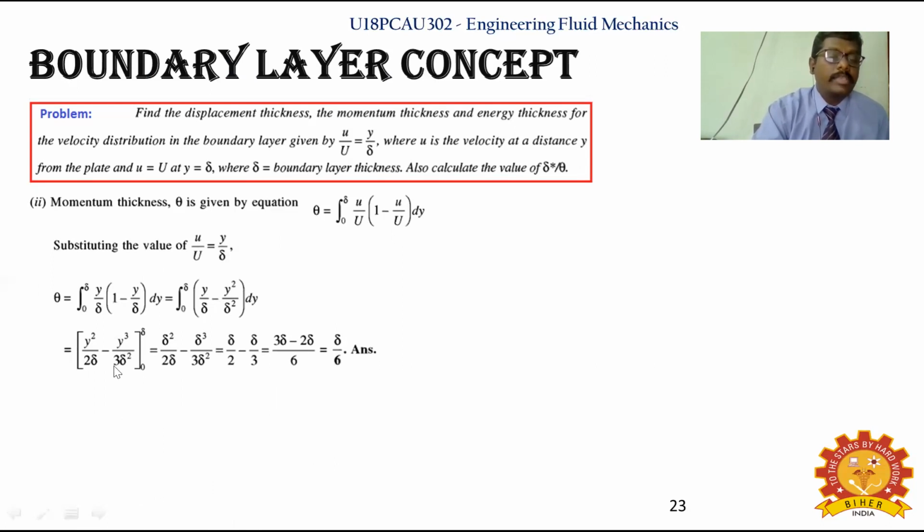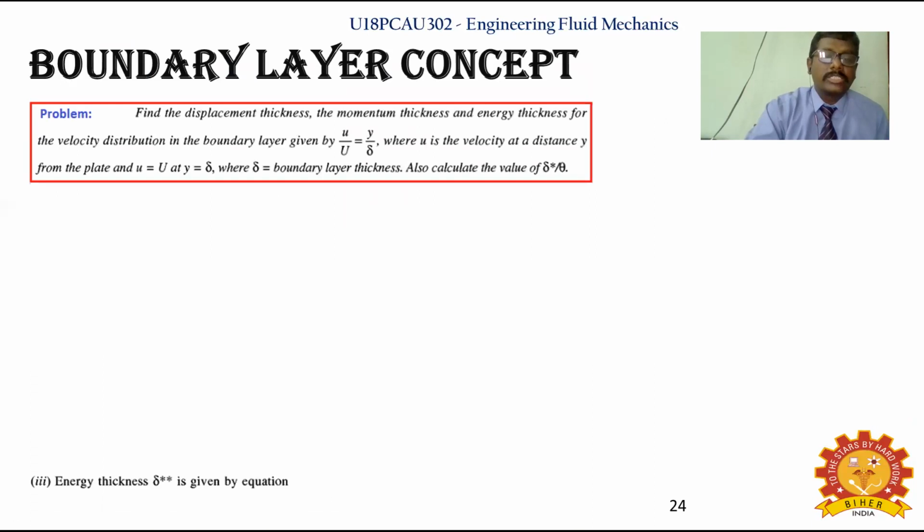Now you make the limit substitution, so delta square and delta cube appear. Then it is simplification only. Cancelling delta, and taking the LCM, which is 6, by simplifying you get the value of momentum thickness.